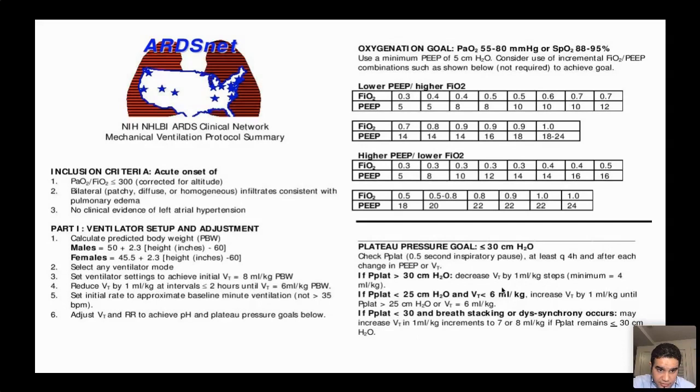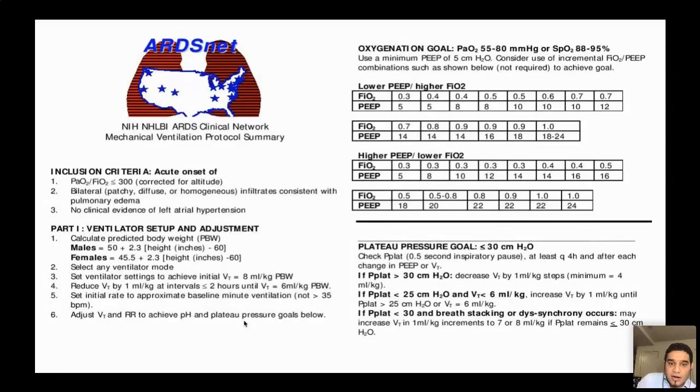The ARDS.net says to start with 8, like in number 3: set ventilator setting to achieve tidal volume of 8 ml per kilogram predicted body weight. So they advise you to start at 8, with the goal that after a while you should go down to 4 to 6 if needed. We'll talk about when exactly you need to go to that parameter, but that's one of the differences I want you to understand.